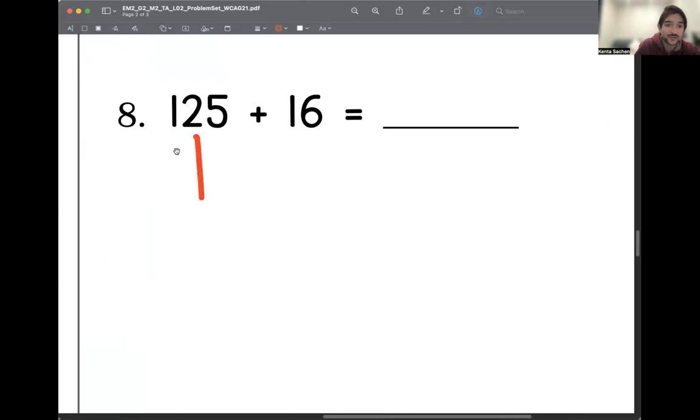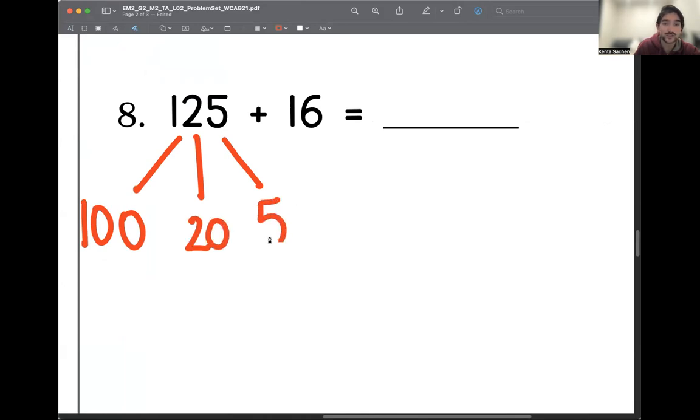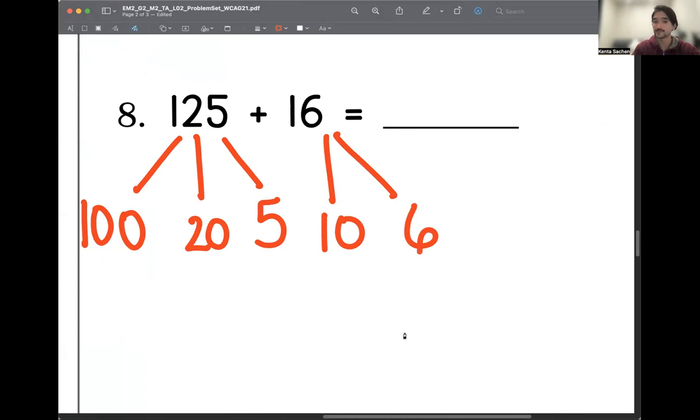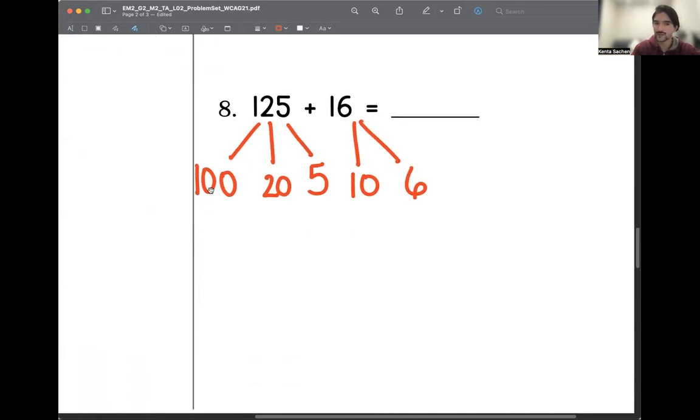So now instead of breaking this number into 2 parts, we're going to break it down into 100 plus 20 plus 5. Right? And then break our 16 into 10 and 6. This 100 is just going to stay by itself, right?